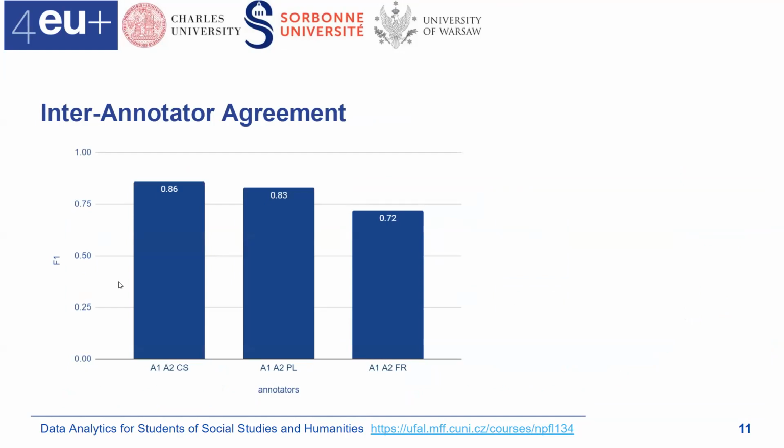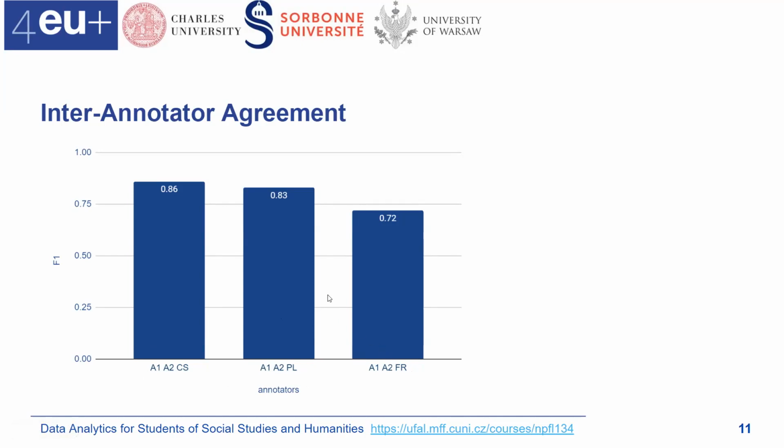So I demonstrated to you how to compute the inter-annotator agreement for Czech annotators and how to measure it using the F1 measure. And in this plot, we can see the inter-annotator agreement not only for the annotators annotating the Czech version, but for the Polish version and French version as well.